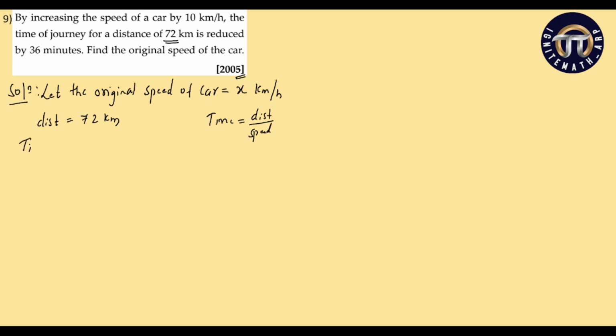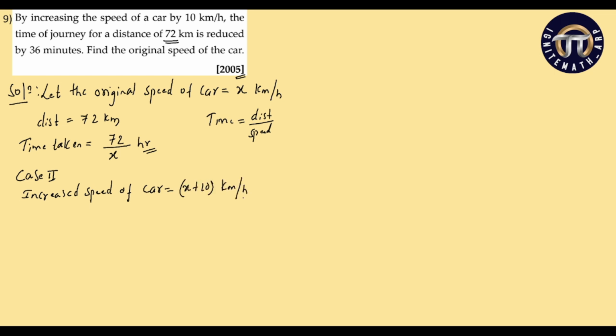So time taken in the first case is distance by speed, 72 by x hours, the time taken originally. Now what happened here? Increasing the speed of the car by 10 km per hour. So for the next one, you can write case 2. The increased speed of car is equal to x plus 10 km per hour. Clear, children?